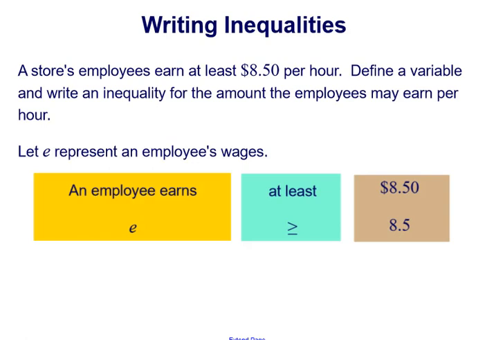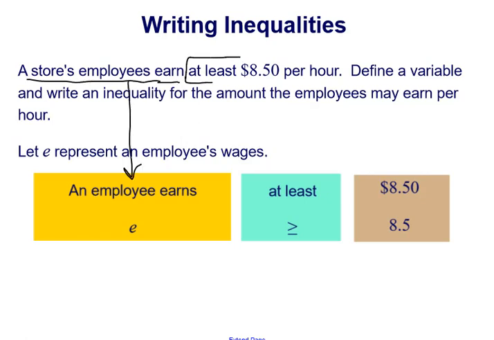Now, here's an example where we have a problem where a store's employees earn at least $8.50 per hour. So we can define a variable and write an inequality for the amount the employees may earn in 1 hour. This will help us with problems in the future if we need to set up the inequality to solve. So here, we're going to pick E to represent an employee's wages.